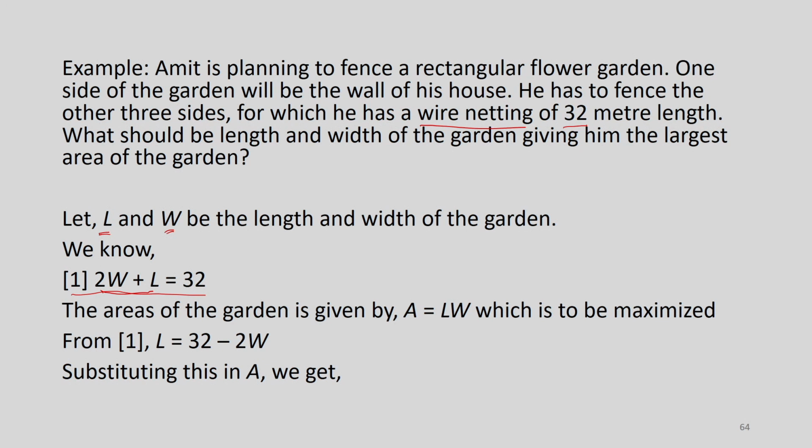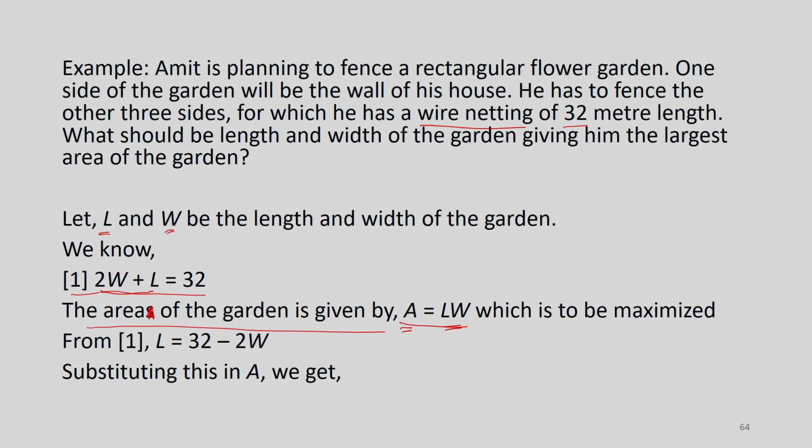Now, what he wants to maximize is the area. What is the area of this garden? Suppose it is given by capital A. This should be equal to the length multiplied by the width, that is L multiplied by W. So, Amit wants to maximize this capital A, which is L multiplied by W. There are 2 variables here.